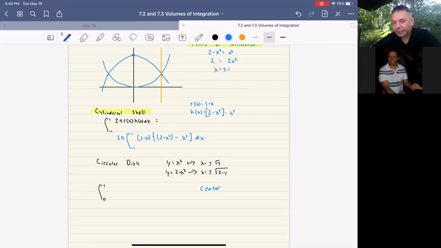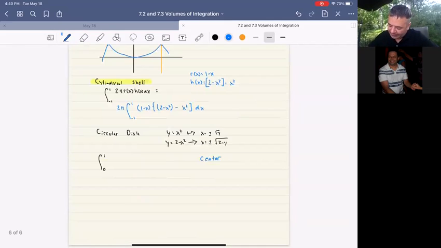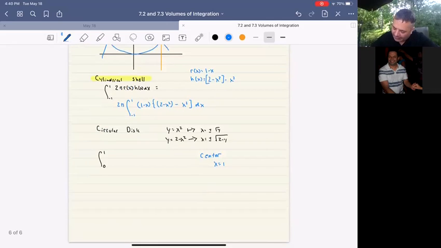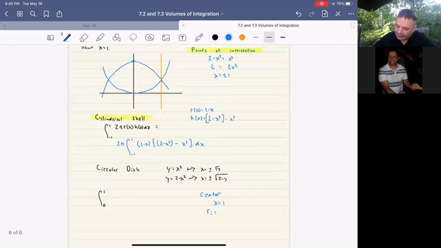If I start getting overwhelmed, I start resting on process. So I write out my center. My center is x equals 1. My inner radius is x equals the square root of y. My outer radius is x equals negative square root of y.